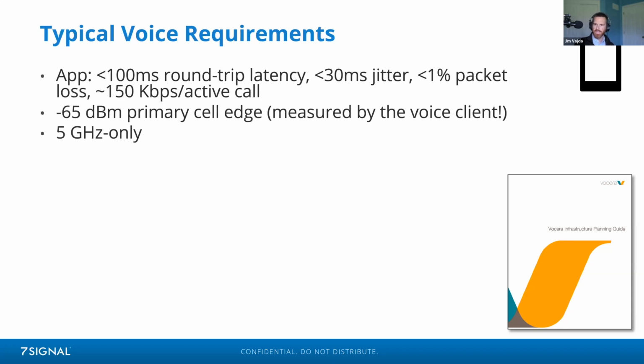Probably want to be 5 gigahertz only. A long time ago, voice was sometimes done in 2.4 gigahertz, but 5 gigahertz is going to be the best here for low latency, lower retries, less interference, and more capacity.